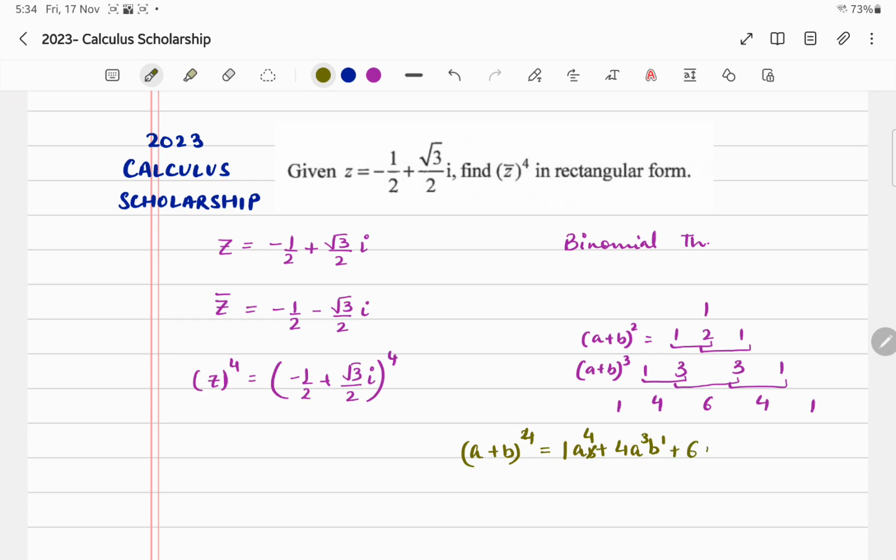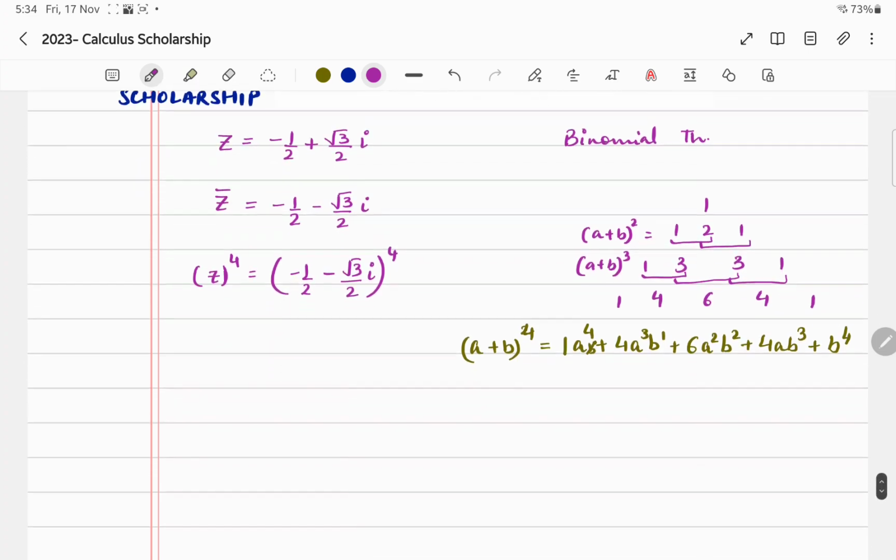Plus 6a squared b squared. So a is decreasing, b is increasing, plus 4 a b cubed plus b to the power of 4. So that's the formula here. Now I have written the sign wrong, let me change the sign. It is negative.